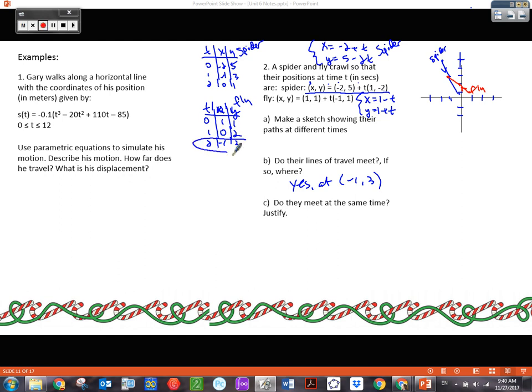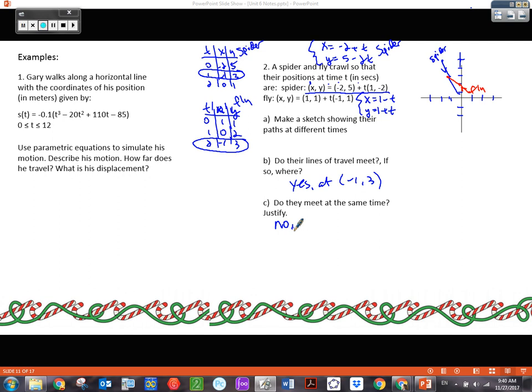The fly gets to -1, 3 at 2. What are we in? Seconds? 2 seconds. The spider gets there at 1 second. Are they at the same place at the same time? No. And what we do to justify is we describe where they are.